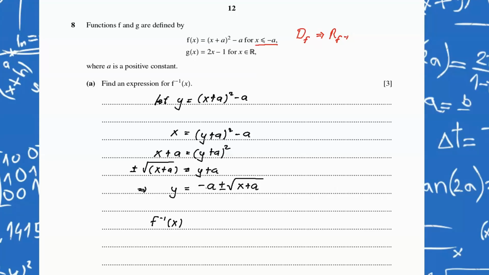Minus a minus root of x + a will give us a range that is less than or equal to -a. So basically, the answer will be -a minus the square root of x + a. So this is what we get right here.